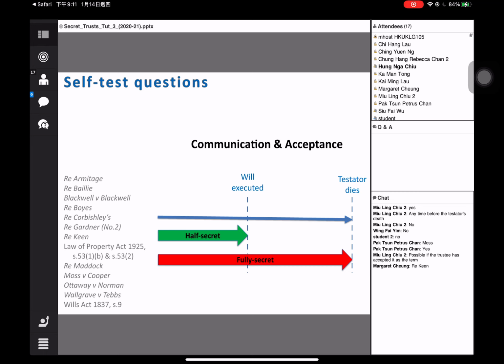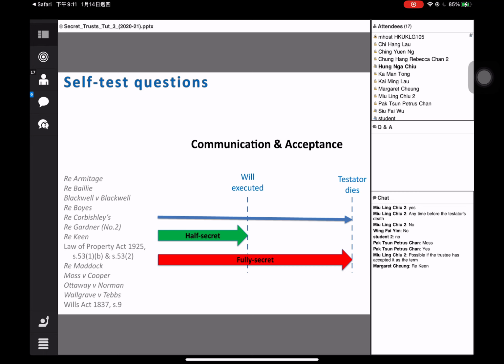What do we call that in law? It's not actual communication. It's what? What's the proper legal term for this? There's a nice legalistic word for this. And this will have come up in other subjects that you've studied before.